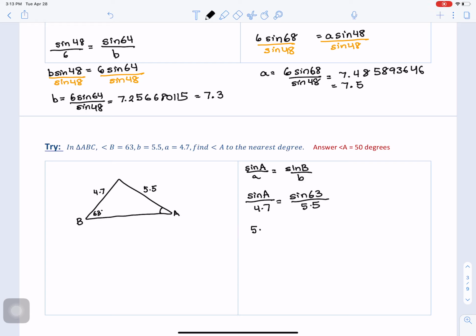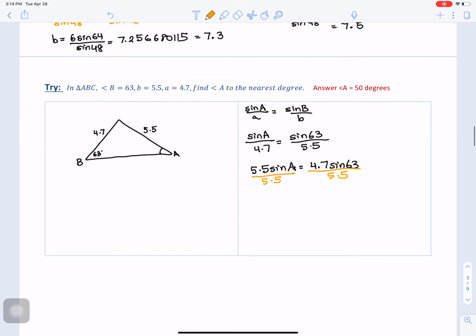So 5.5 sine capital A equals 4.7 sine 63. My goal is to solve for A, so I need to divide both sides by 5.5. So sine of A is equal to 4.7 sine 63 over 5.5.